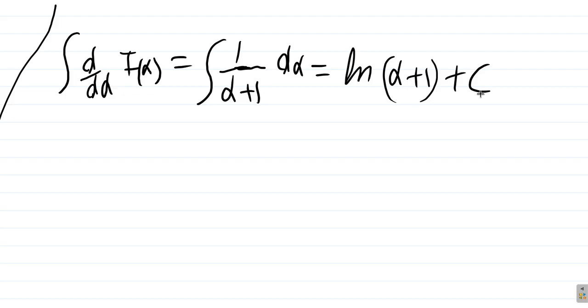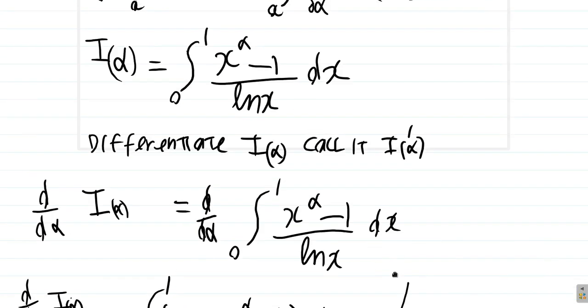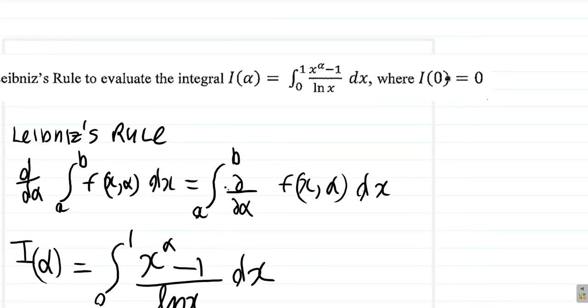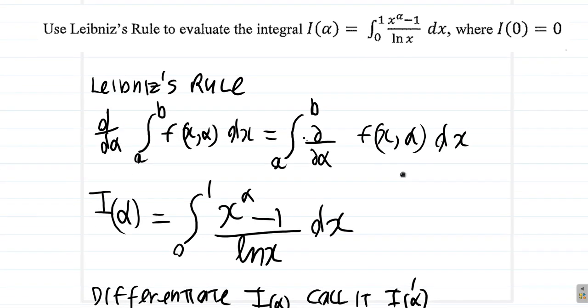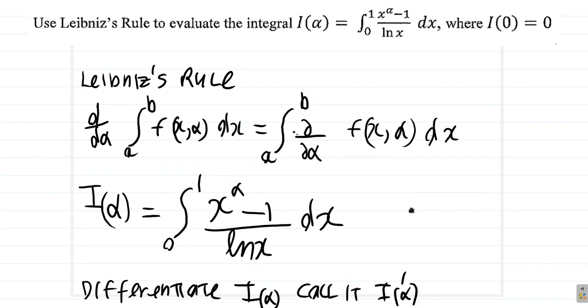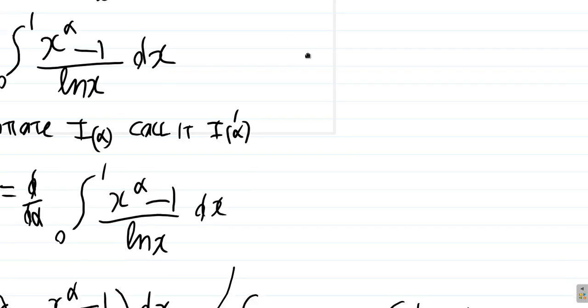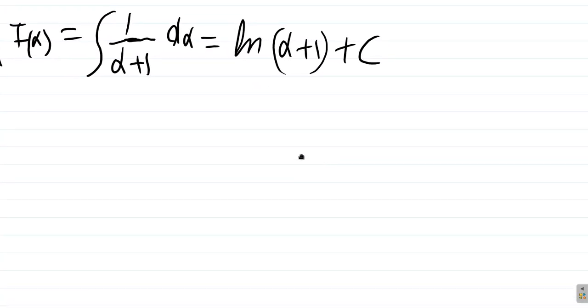So you see that. Now we want to know what c is. Well, the question had said I of 0 is 0. That implies that c is 0, because when alpha is 0, ln of 0 plus 1 plus c is equal to ln 1 plus c. 0 plus 1 is 1, right?